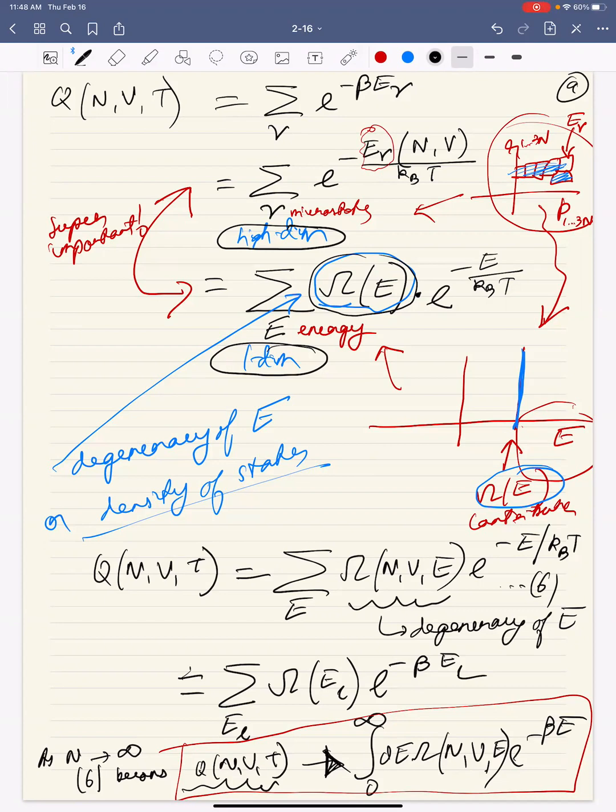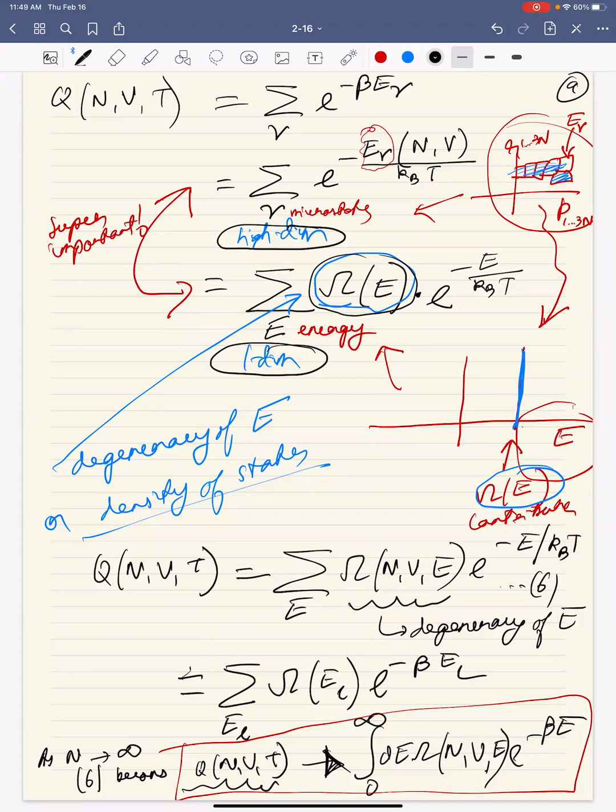Any questions? Yeah, go ahead, Patrick. Why can we identify the omega NVE in the last line or a couple of lines up with the microcanonical partition function when in this case the energy is fluctuating and it's not the complete system, it's a subsystem? Yeah, good point.